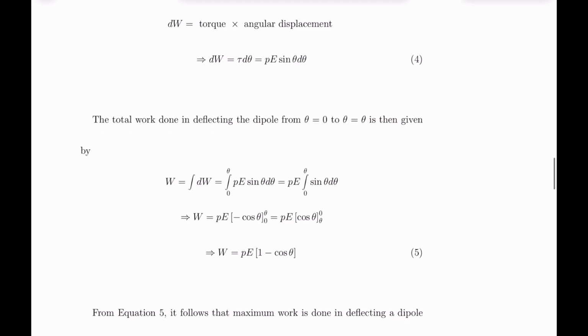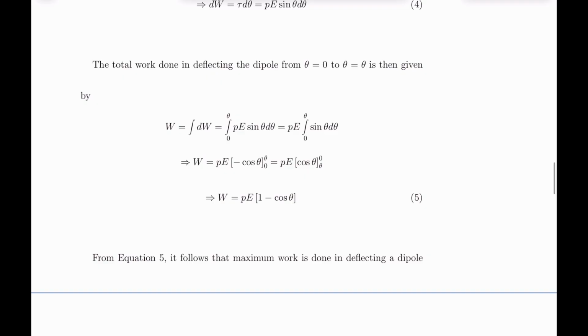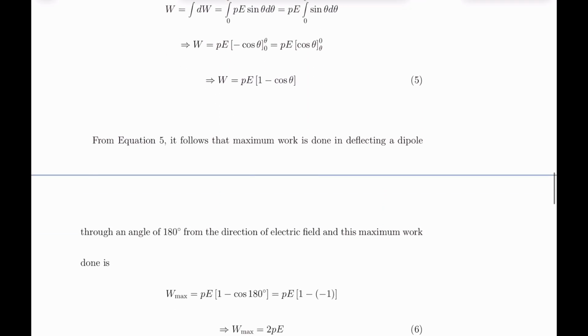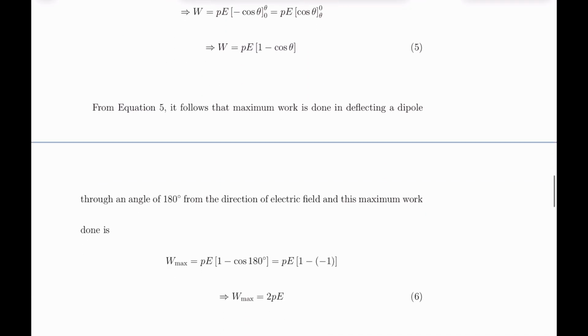So from equation 5, it follows that the maximum work is done in deflecting a dipole through an angle of 180 degrees from the direction of electric field, and this maximum work done is W maximum equals PE into 1 minus cos 180 degrees. Why is this so?